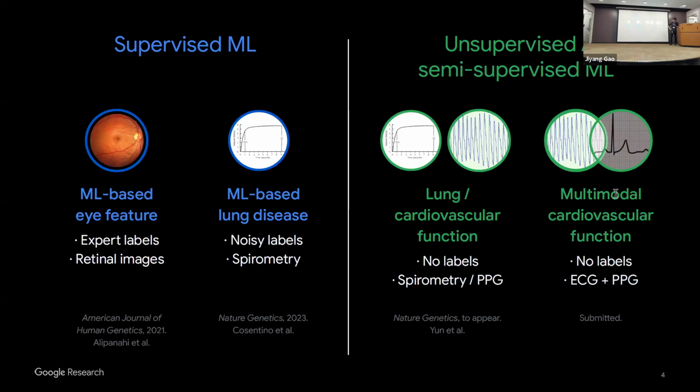We also worked on machine-learning-based lung diseases, where we can correct some noisy labels in hospital records using spirometry data, which is a lung function test. And we also worked on PPGs and ECGs.